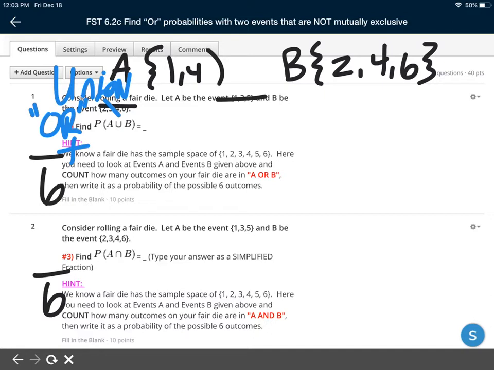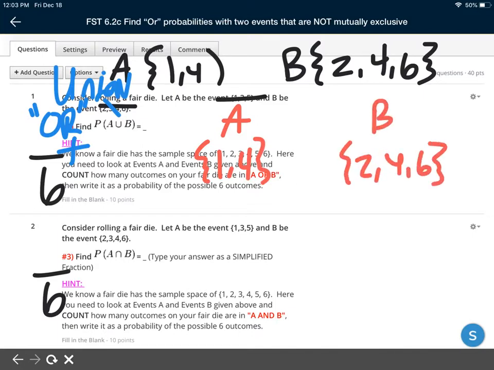So what I want to do here is rewrite this, and I'm going to put set A right there, just put it underneath it, and then I'll put set B here and put this underneath it. Again, I'm using different numbers from the actual problem. Now they want to know what is the probability of A or B. So probability of A or B means I want to take A and I want to add to it B. Now when you add sets, you're really just combining everything together.